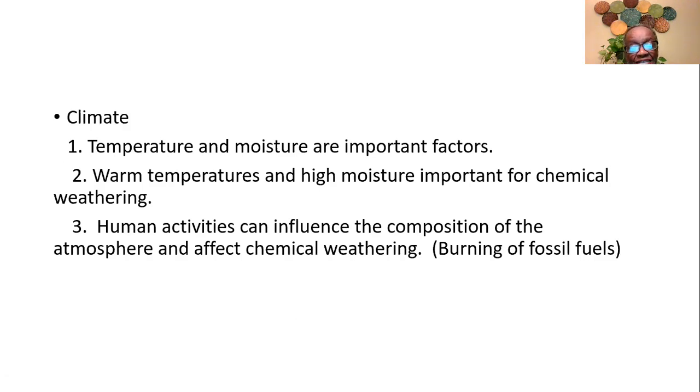If we keep increasing the amount of fossil fuels, some of them will give off sulfur gases, and these can combine with water vapor and produce sulfuric acid. And so human activities will affect the composition of the atmosphere, and therefore they will affect chemical weathering.